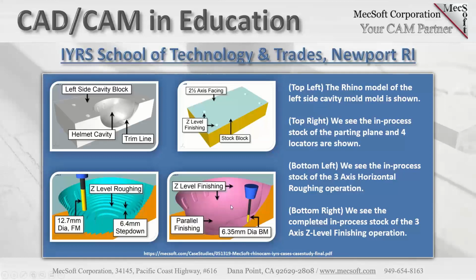And then over here on the bottom right, we see two finishing operations. We have an initial Z-level finishing operation that gets a good finish on the sidewalls, and another operation of parallel finishing to get a good finish in the bottom area. And that's done with a 6.35 millimeter diameter ball mill. And we're going to be taking a look at this part here in just a second.